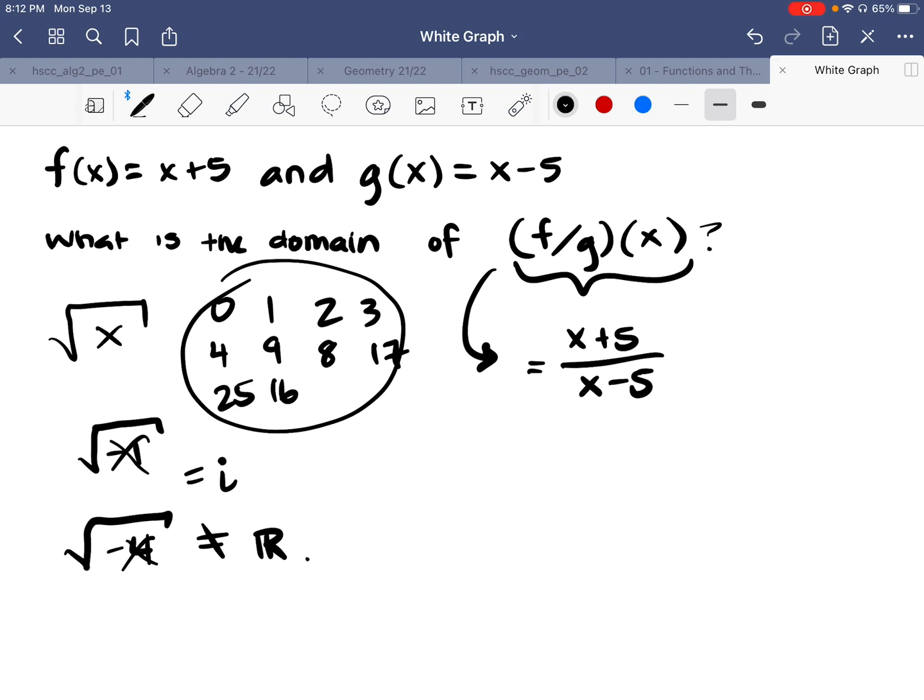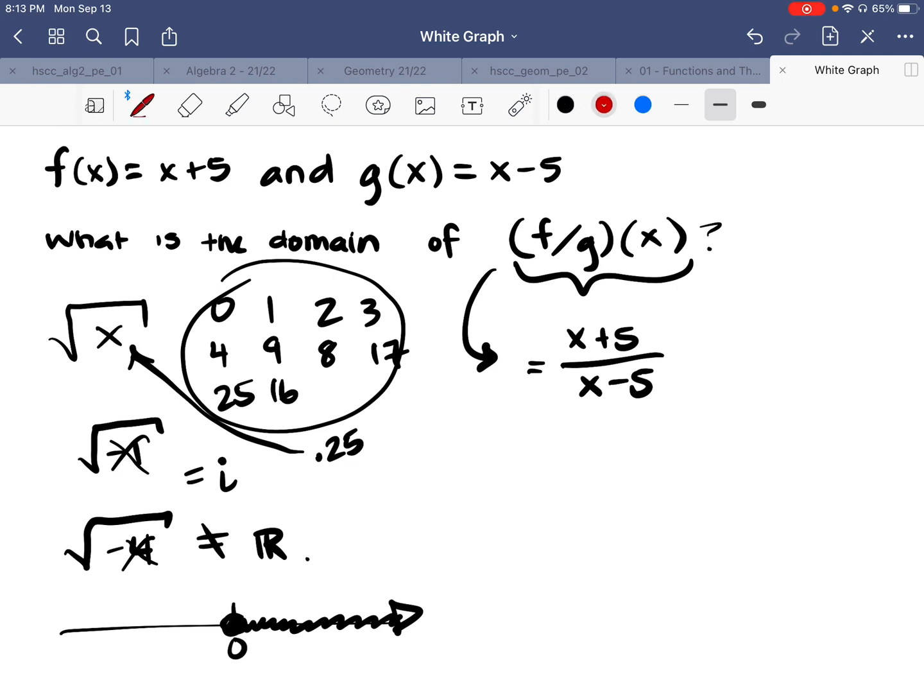You could plug in any, including decimals. If you wanted to plug in something like 0.25, you could totally plug 0.25 in here. The only restriction is you can't plug in negatives. So if I write the numbers on a number line, anything starting at 0 and going this way would totally be acceptable.